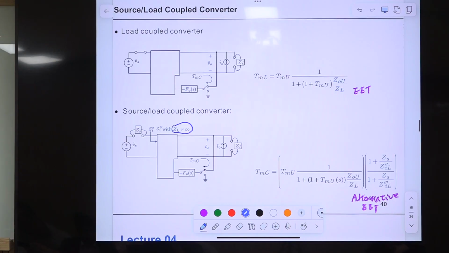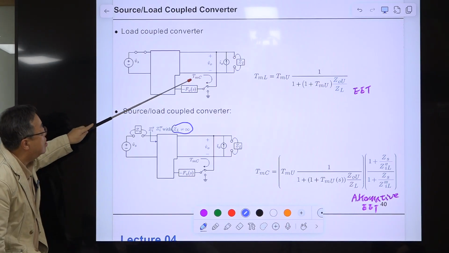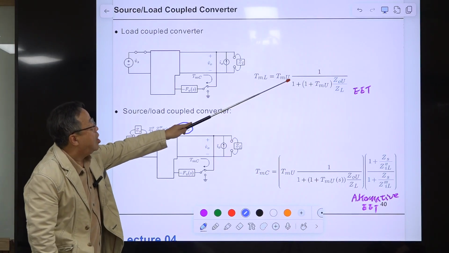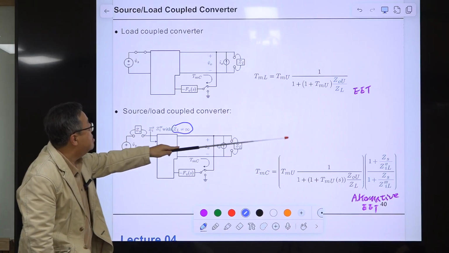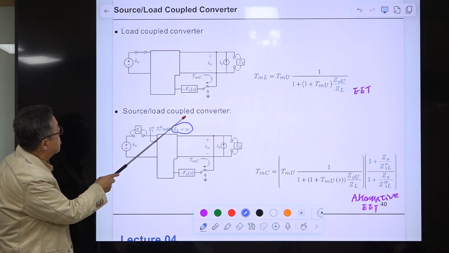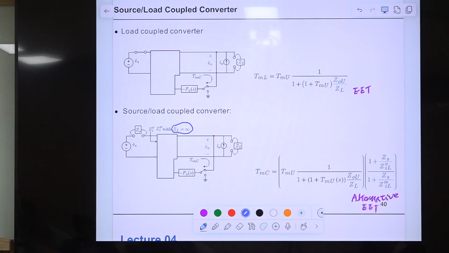This is one example. So for the load coupled converter, the loop gain of the uncoupled converter without this is this TMC, TMU. This is the uncoupled converter, and we are considering this should be TML. So still this is the TML. TMC, I intended the TMC to be source coupled and load coupled all together.